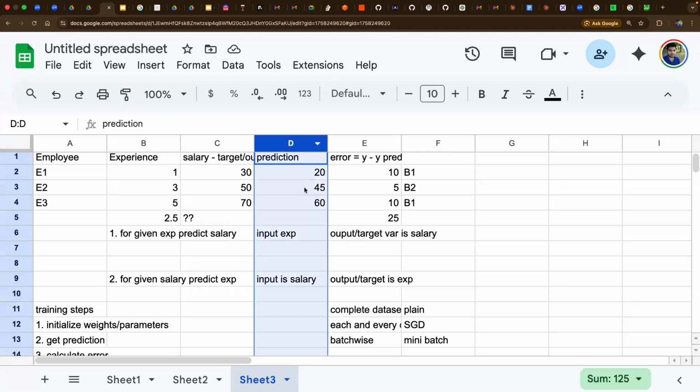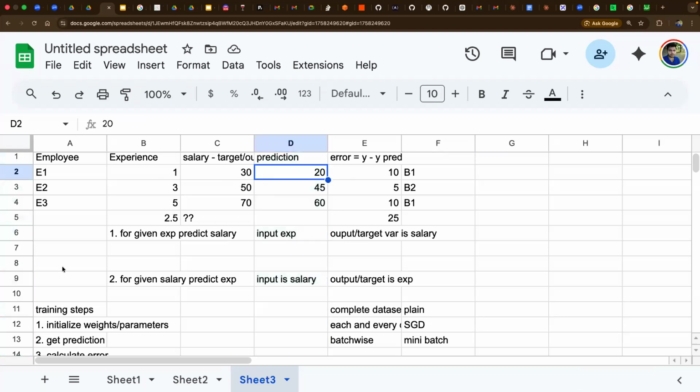Whereas in the case of regression, we don't do that. We predict one numerical value, one output target variable like this. For example, we have built a regression model, and for this one the input is, let us say, experience.